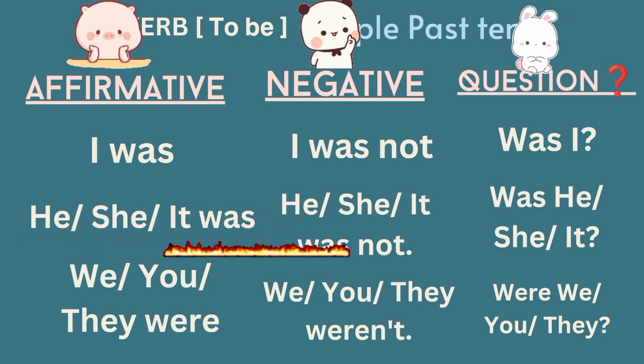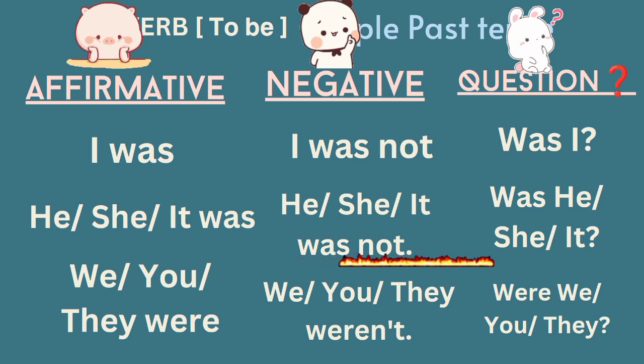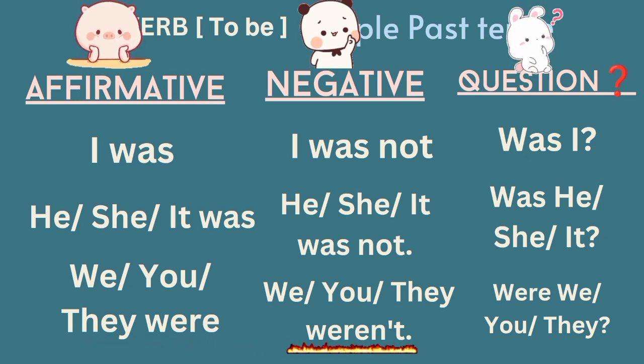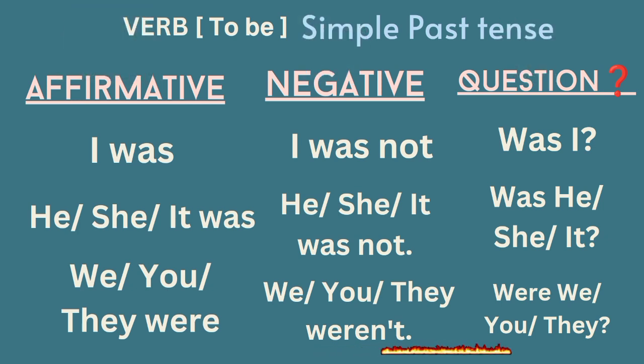He, she, it was not. Was he? Was she? Was it? In the question form. We, you, they were in the affirmative changes to we, you, they weren't or were not. And finally, in the question form, it changes to were we, were you, were they.